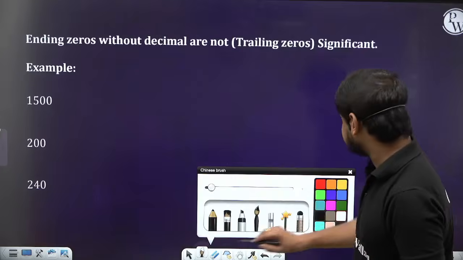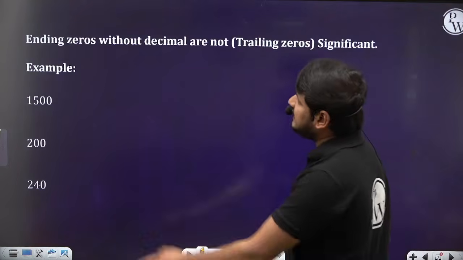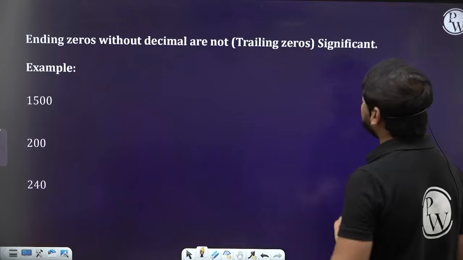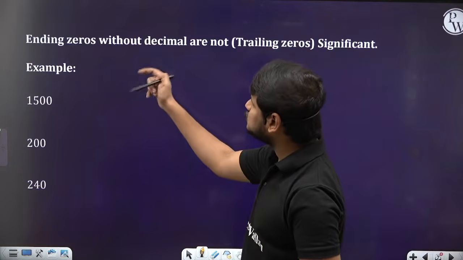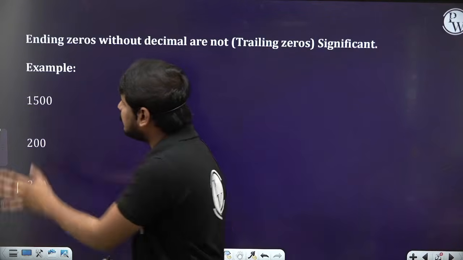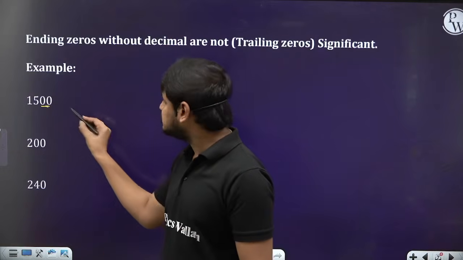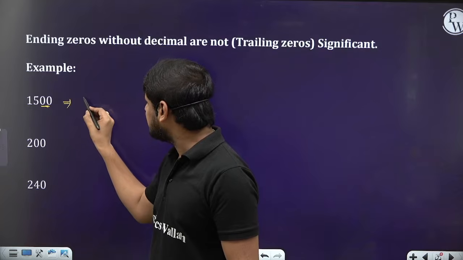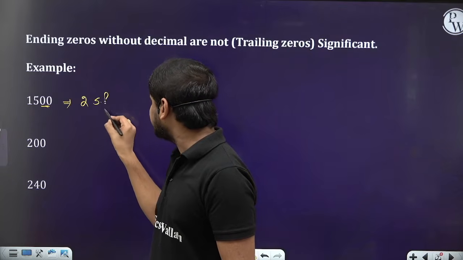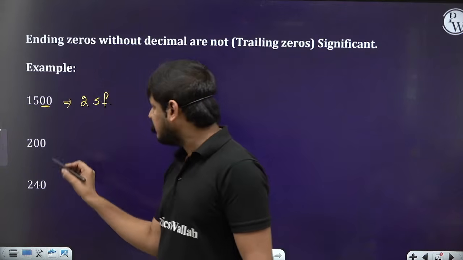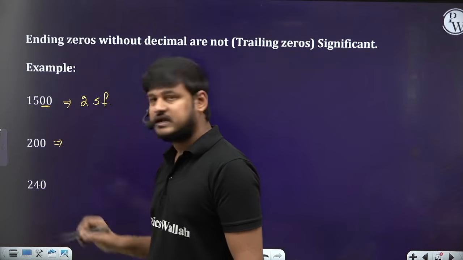The next rule: the ending zeros without a decimal are not significant. Ending zeros without a decimal. See in 1500, these two are the end zeros. They are not significant. So only 2 significant figures. Done. And then 200.